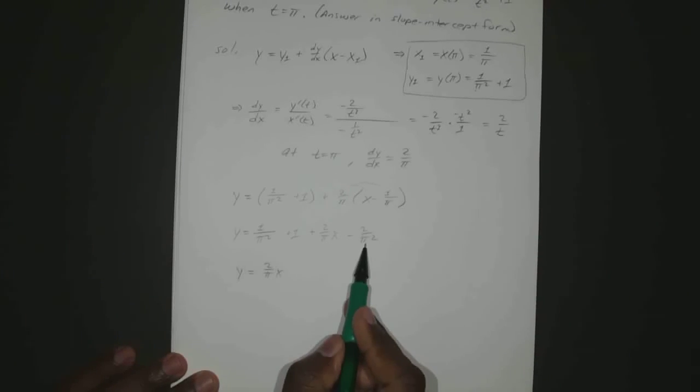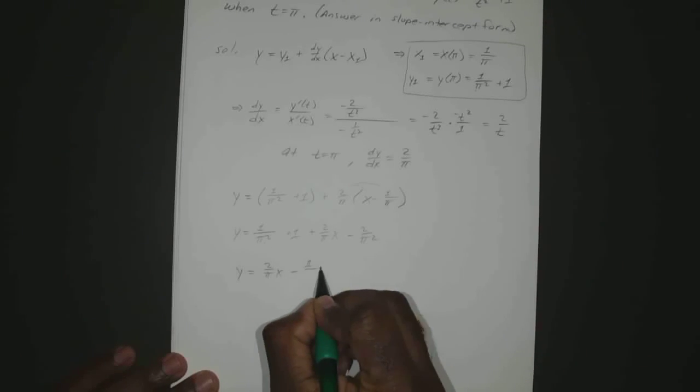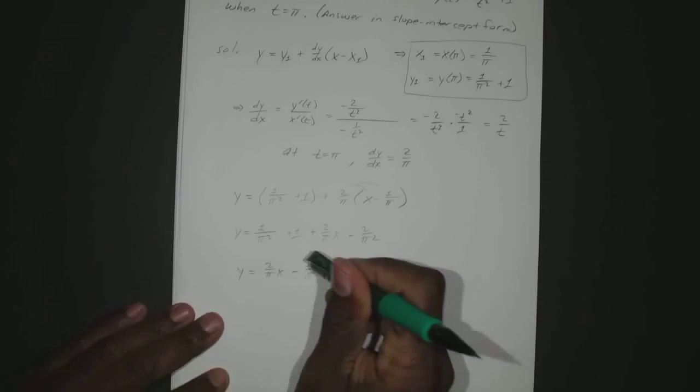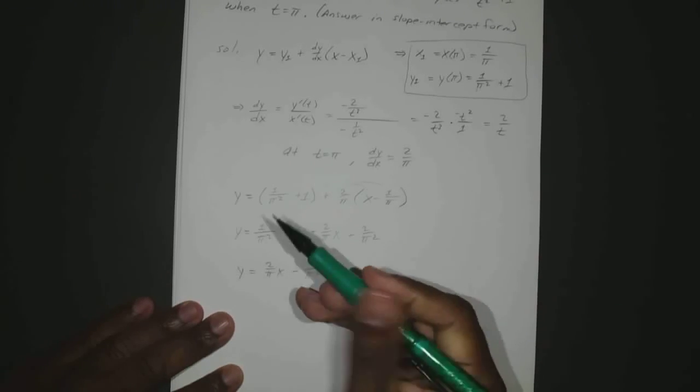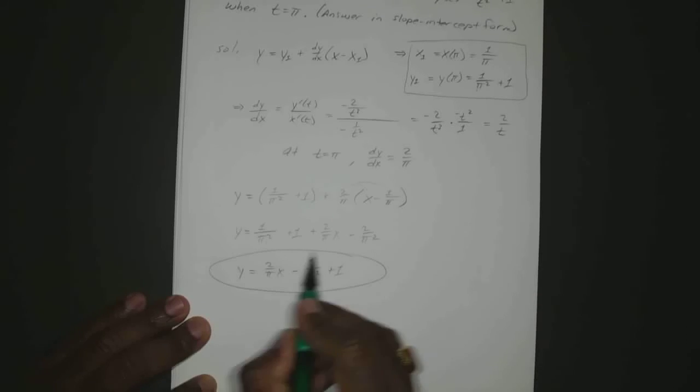There you go. 2 over pi squared, negative 2 over pi squared, plus 1 over pi squared is minus 1 over pi squared plus 1. You actually don't have to combine the 1 with anything, since technically that would just be your plus b there.